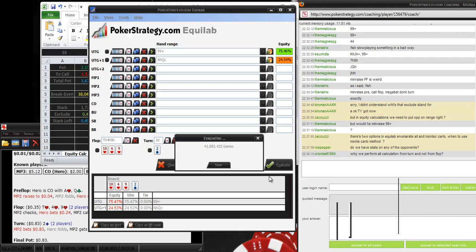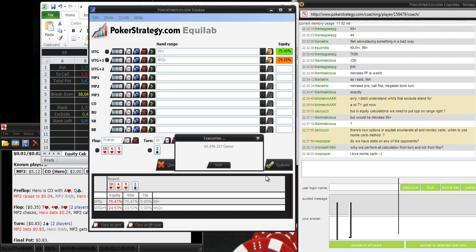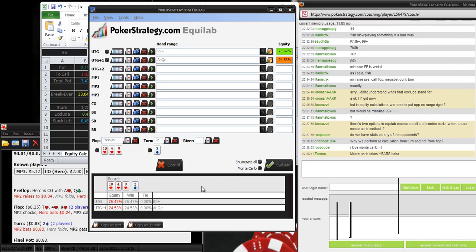I guess Monte Carlo maybe just runs a lot more hands. You can go through millions, billions of hands, but enumerate practically just does fast calculations and picks very few hands, like maybe only 1k hands or so.